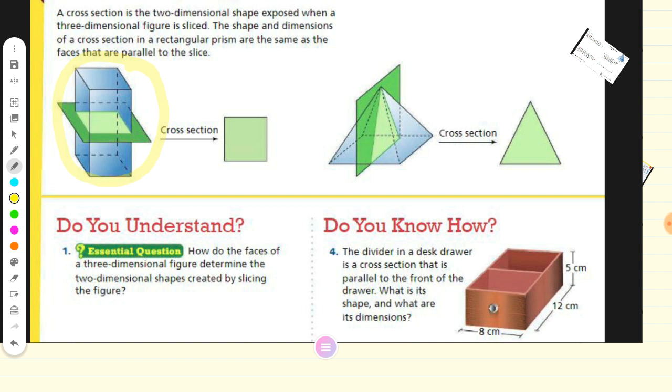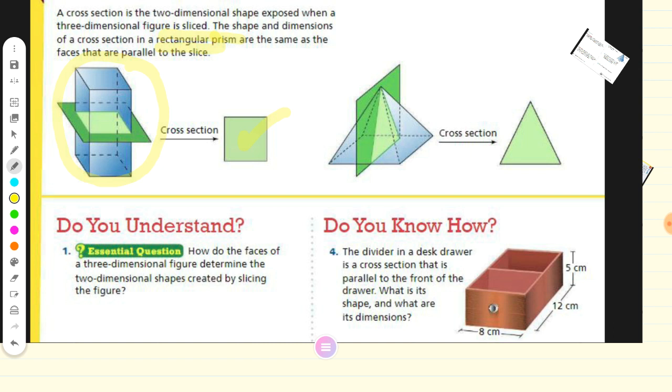What is the shape of this section? In this case, it's a rectangular prism with a square base, like here, so you will find a square. The horizontal section is a square.